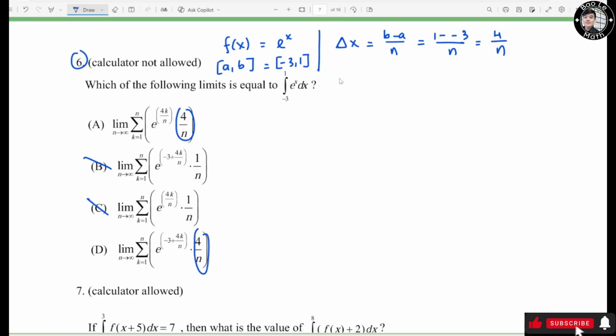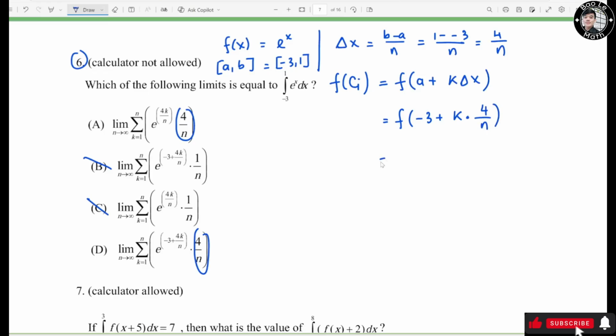Now we need to calculate the length of the rectangle. It's f of ci, and this is f of a plus k delta s. Now f of a equals negative 3 plus k times 4 over n.